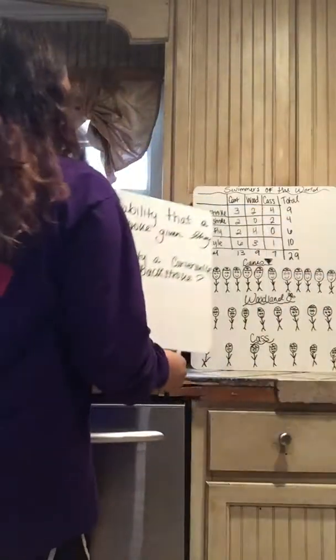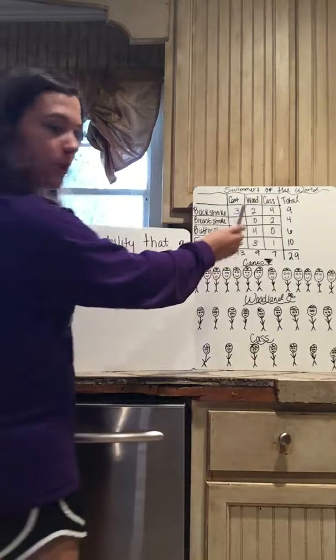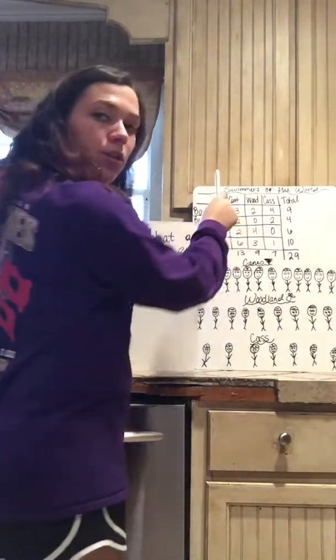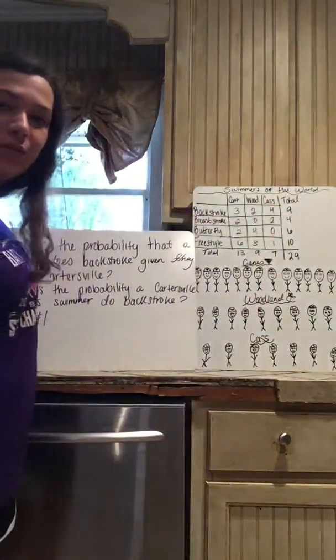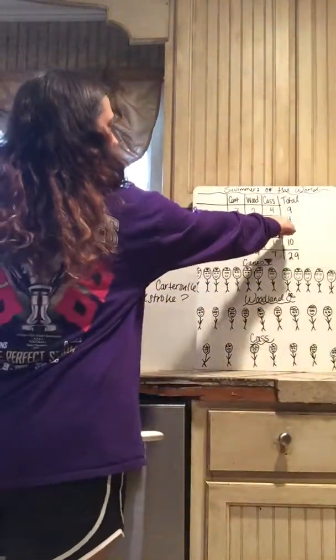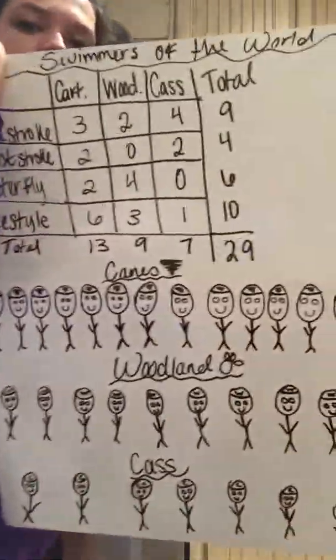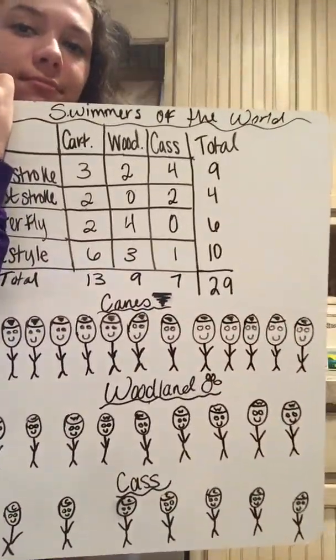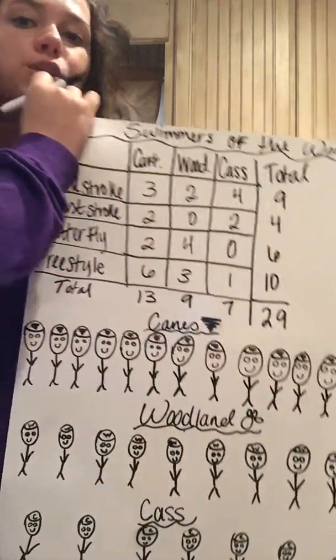You would look at the Cartersville swimmers that do backstroke, which is going to be 3 of them out of the total, which is going to be 9. Let me go ahead and bring that back up to you real quick. As you can see, there are 3 Cartersville swimmers doing backstroke and 9 total doing backstroke.